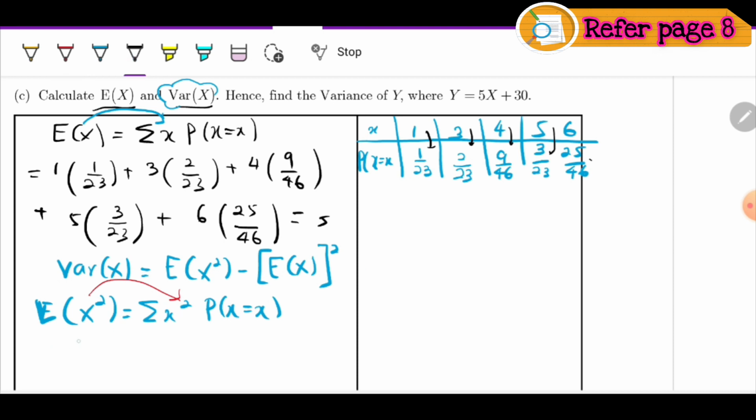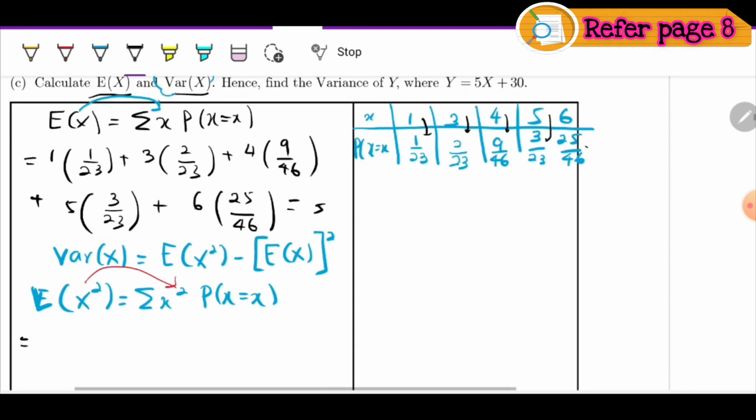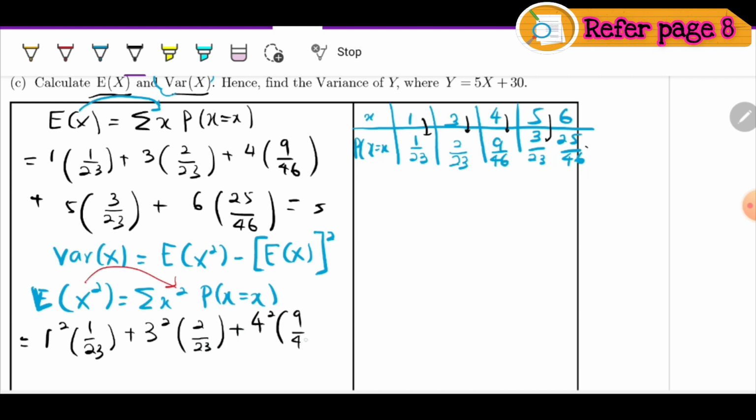So we start from 1, square it, then times the probability. 3, square, then times the probability. 4, square it and times the probability, plus 5, square times the probability.